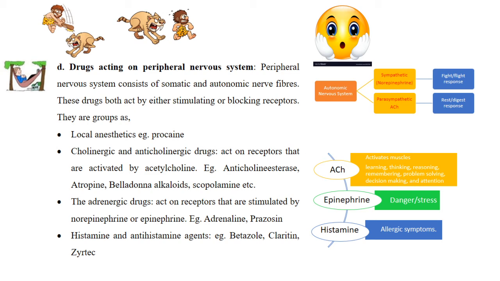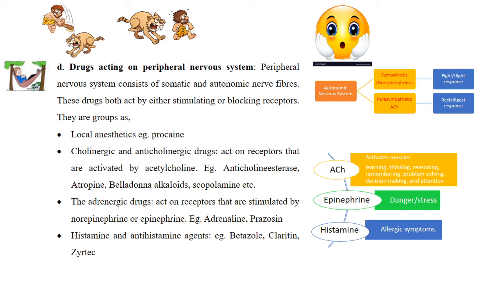Now we can see four subcategories here. The first one is local anesthetics. We have already seen general anesthetic, which controls the entire CNS, so our entire body will be unconscious and we won't feel pain anywhere.